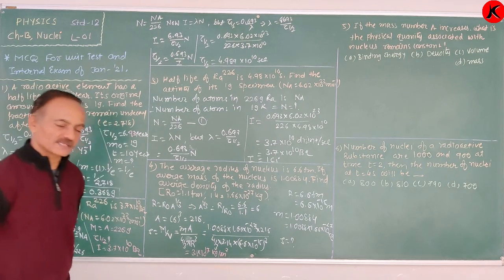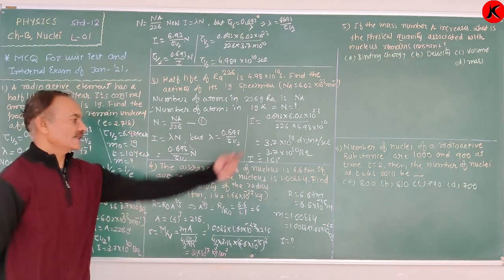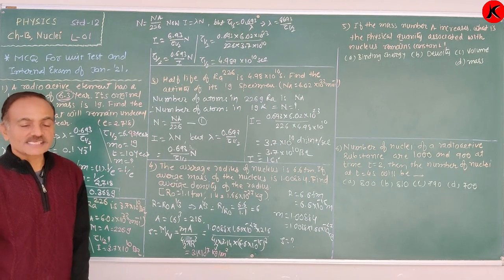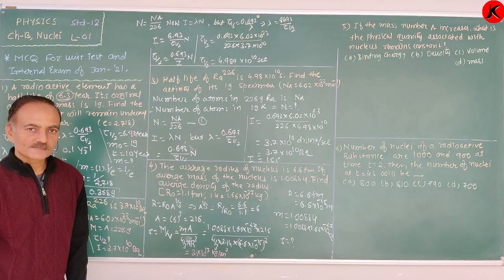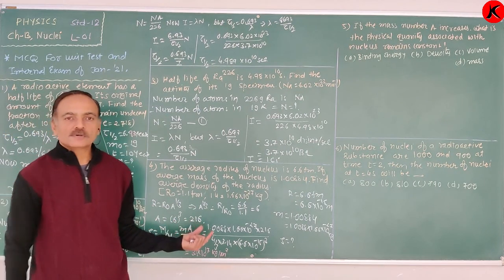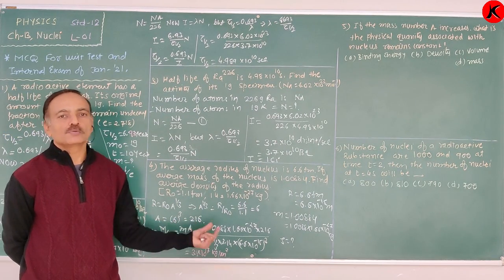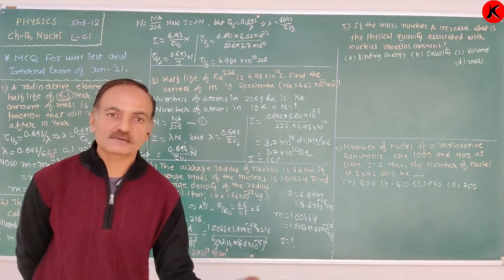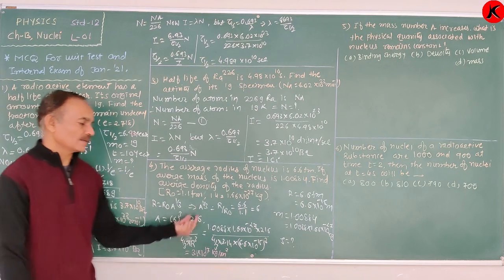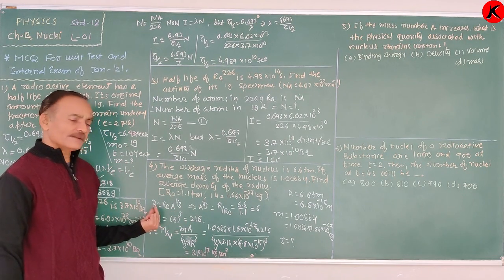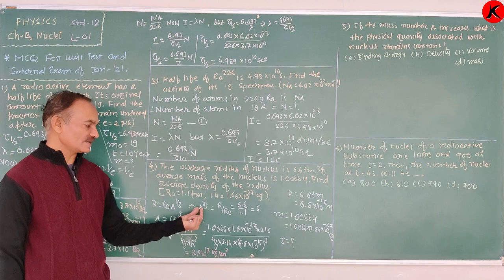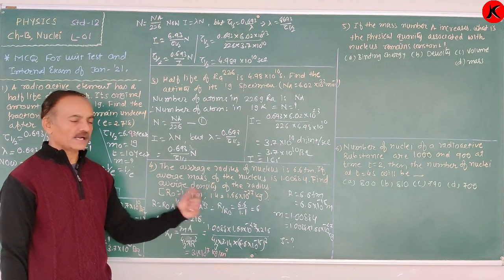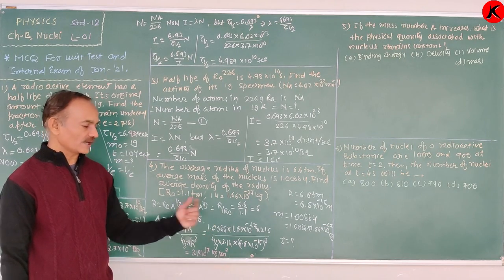Again, how do we find out the density of the given nucleus? Here the average radius and average mass of the nucleus are given. So density is equal to total mass upon volume. Total mass is equal to number of nuclei into mass of one nucleus. So first our aim is to find out the mass number, which represents the number of nuclei. Therefore, R is equal to R0 A to the power 1/3, so A to the power 1/3 is equal to R upon R0.